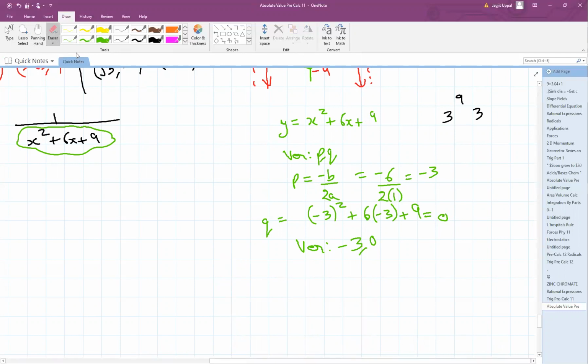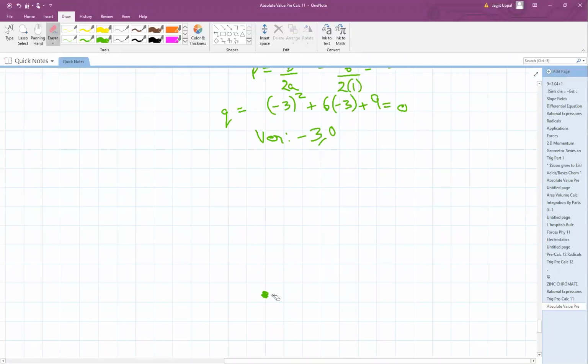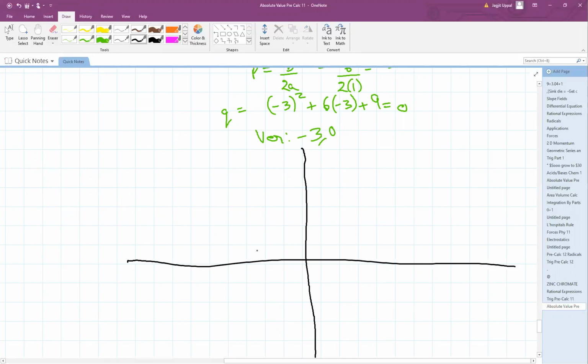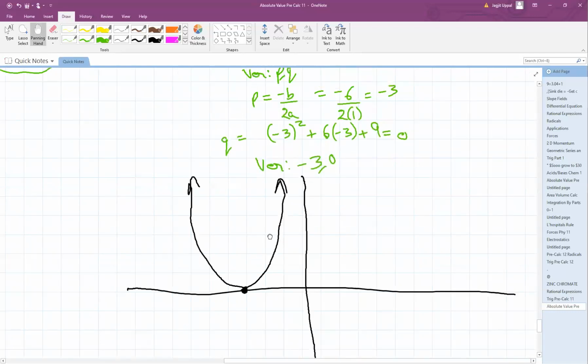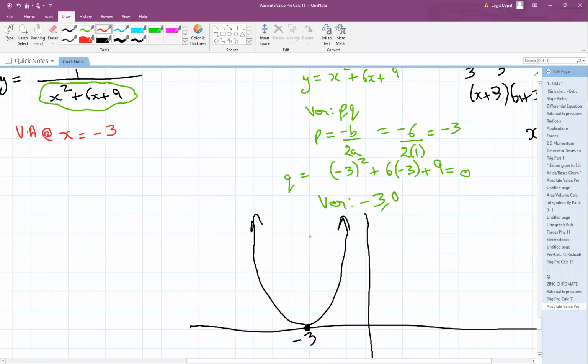The x-intercept is just going to be at x equals -3.